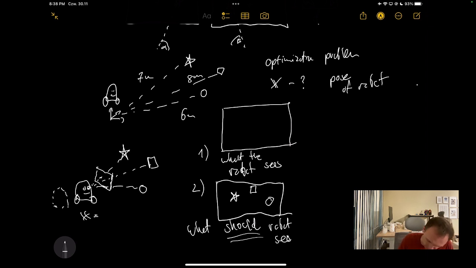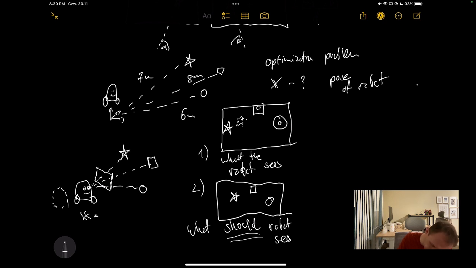But in reality, the robot sees this. So instead of seeing the bottom image, it sees the top image. And then we could draw our prediction over here as well, really faintly, and here as well, and here as well.